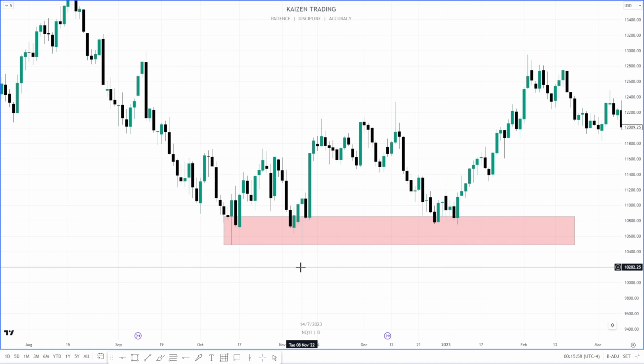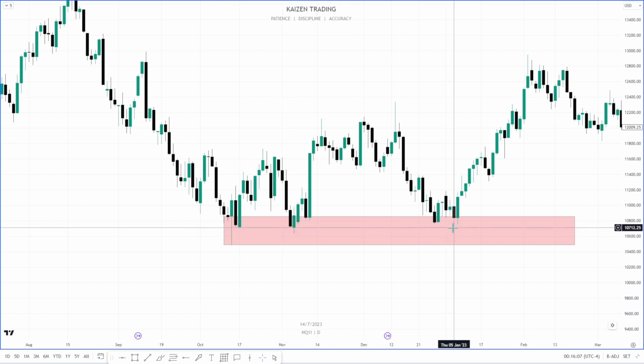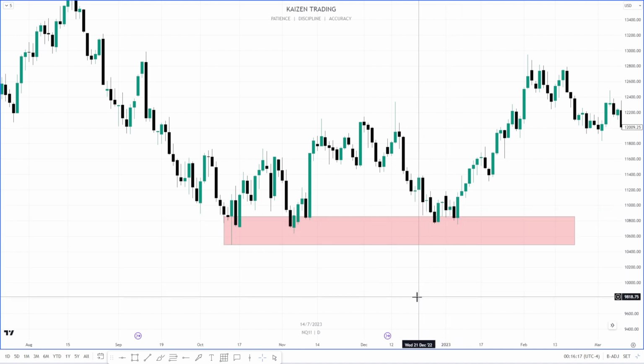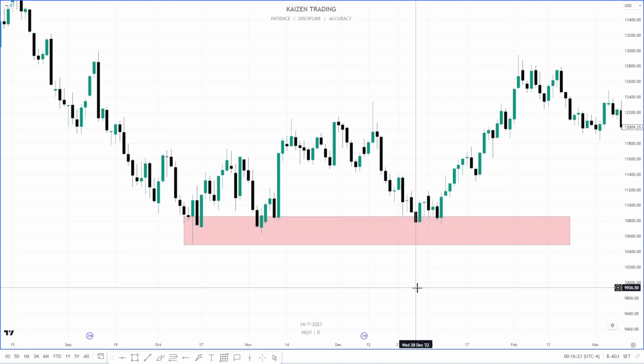So let's start looking in this area right here. We're going to come over here and go into the beginning of the year. So that's January 5th. And we'll take a look at this area on a lower time frame. So all we need to do that is we have this, which shows our rejection block.